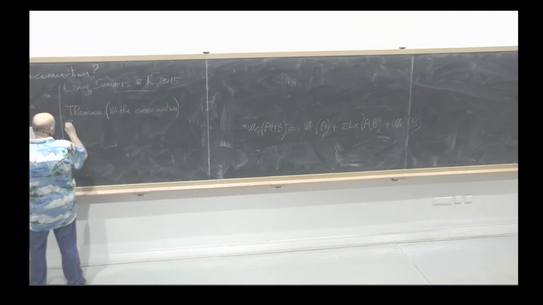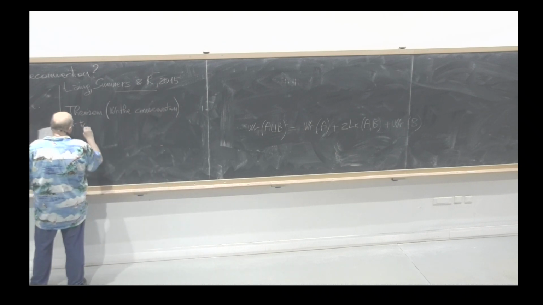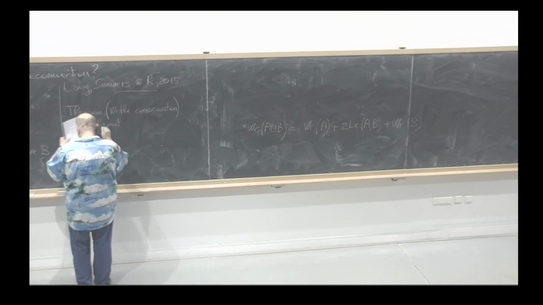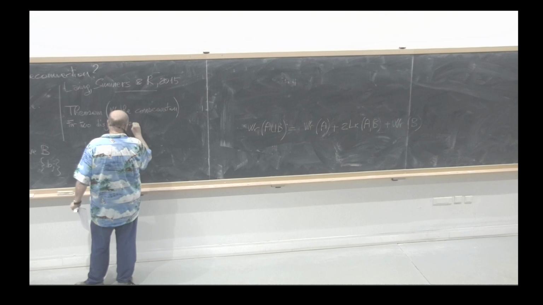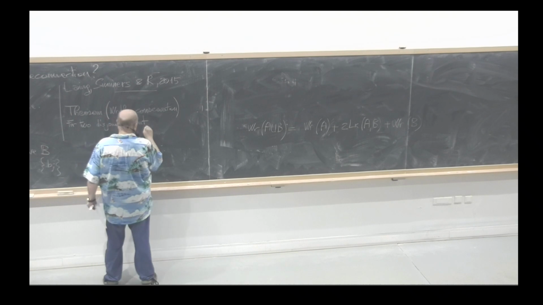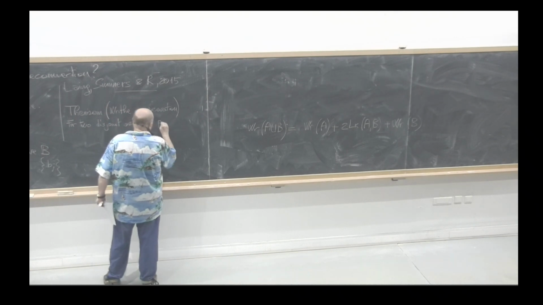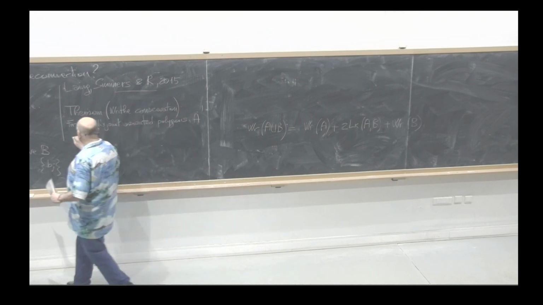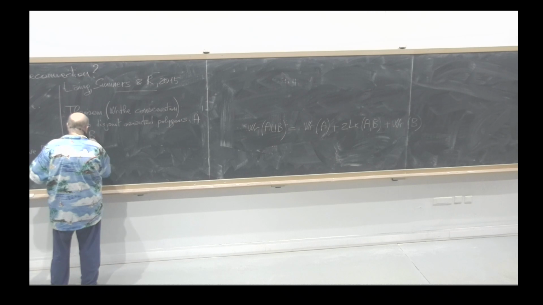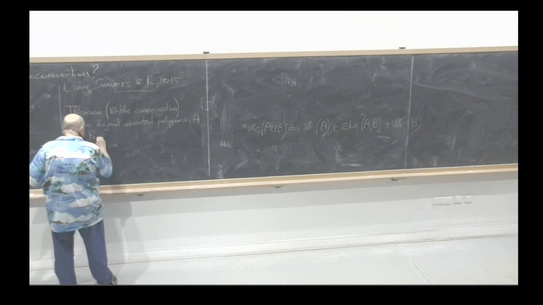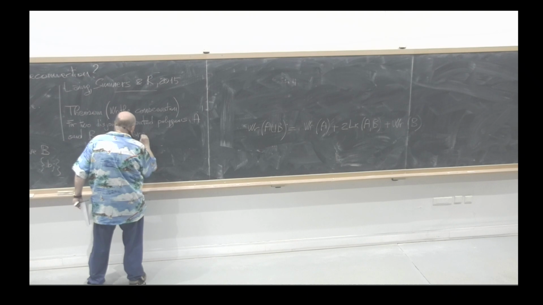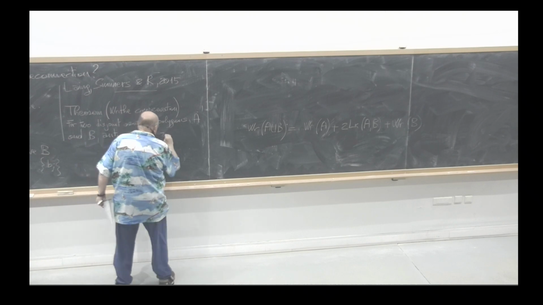For two disjoint oriented polygons A and B, we take anti-parallel reconnection.